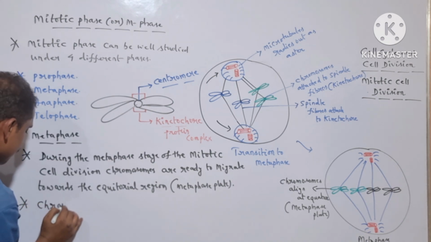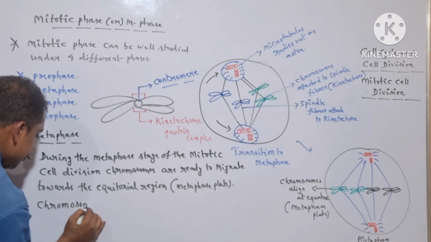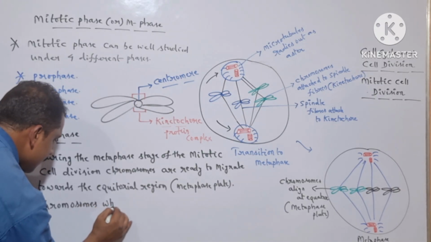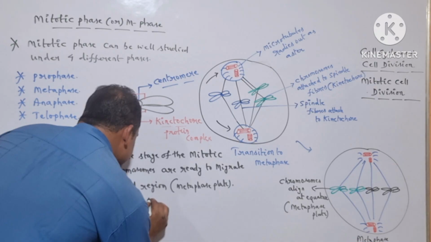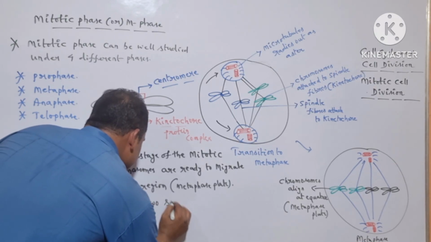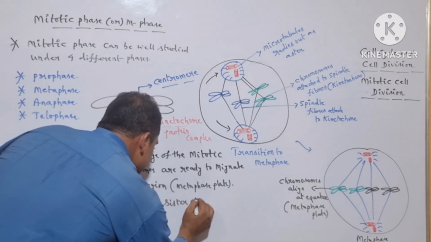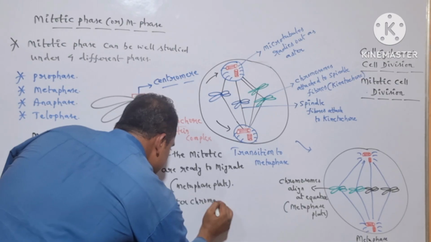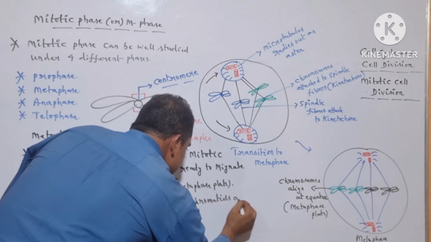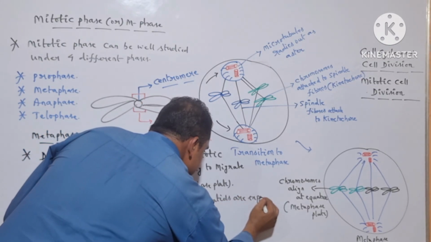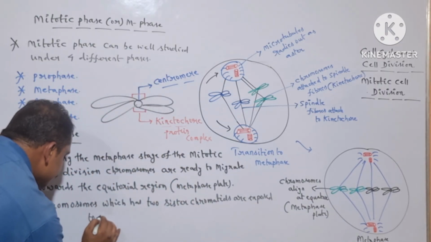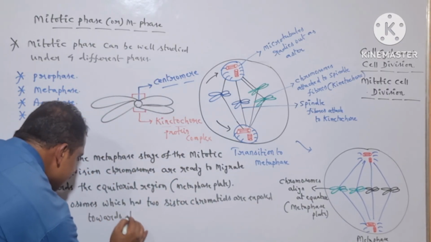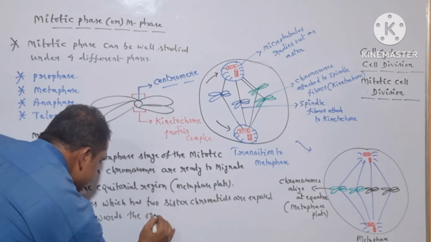Chromosomes which have two sister chromatids are exposed towards opposite spindle poles.